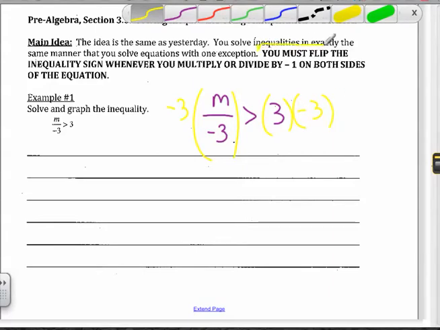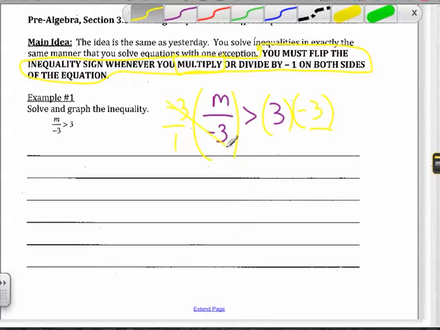Right? Big capital, boldface letters that tell us I must flip the inequality whenever I multiply, in this case, by a negative 1 on both sides of the equation. Okay, well, let's see what happens. First off, what do I get on the left side, Nicholas? I get just m.